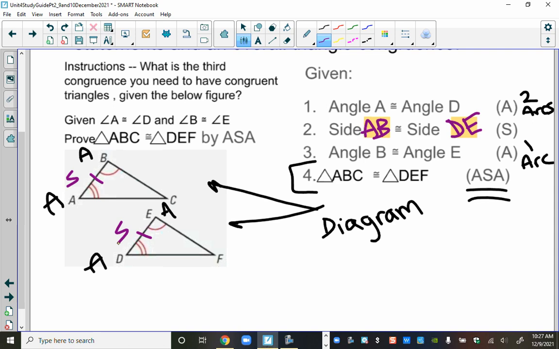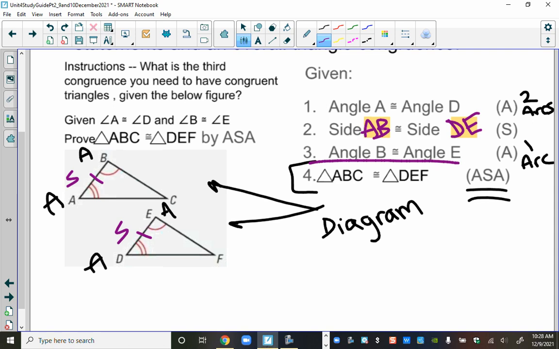But to get angle side angle, the side in between the two angles has to match the side between the two angles of the other triangle. So in the end, notice how we have ASA, right? Is that what we wanted? That's what we wanted.